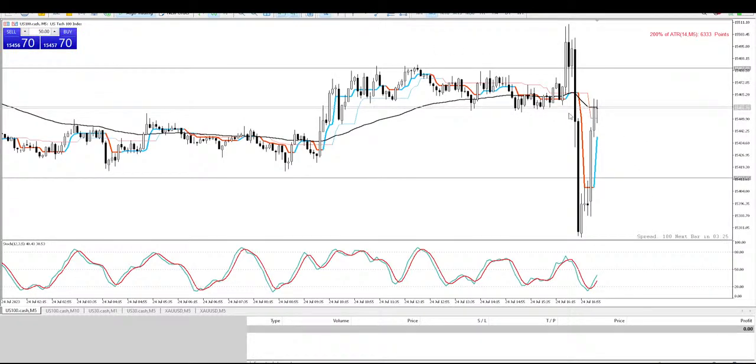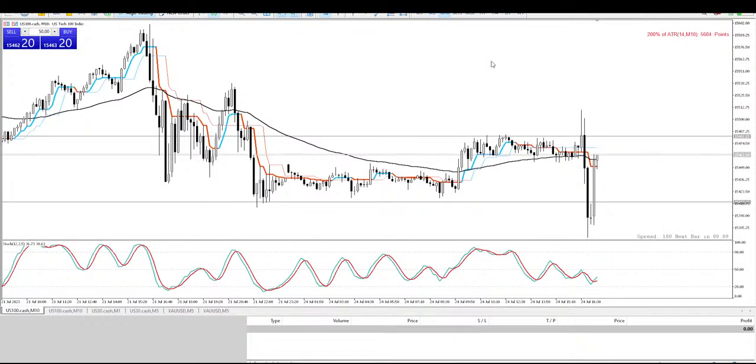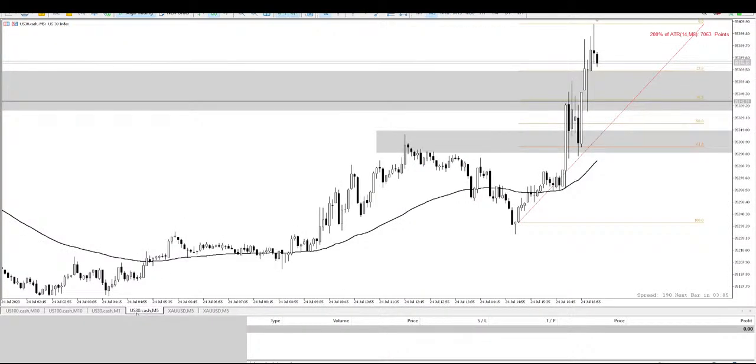Okay, so although NAS was kind of showing good movement here, it's coming back into that consolidation area. So we need better confirmation here for the move. Yeah, look at US30, right?